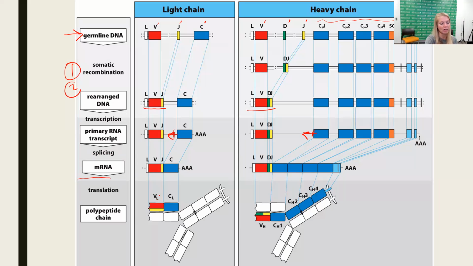So we have our variable region of the light chain plus our constant region of the light chain made in this first diagram. And then in the heavy chain, we have our variable region of the heavy chain, and then all of our constant regions of the heavy chain brought in. So it's a really great slide. I'd really take some time on this one if you're having difficulties understanding. But again, using that DJ analogy can probably help a little bit.